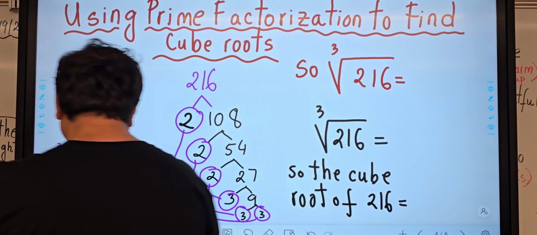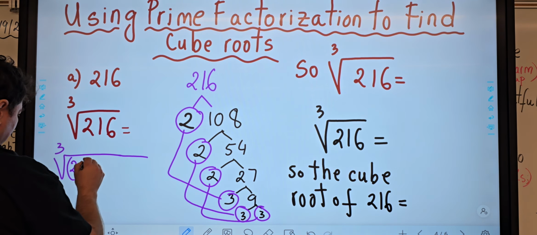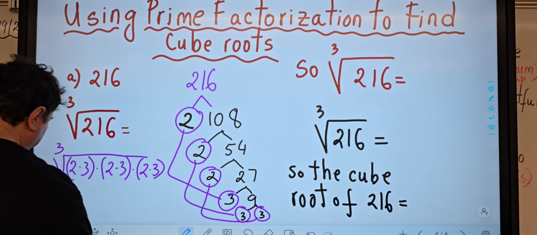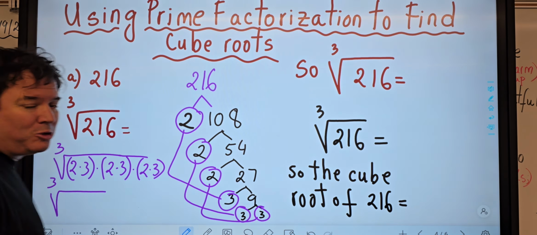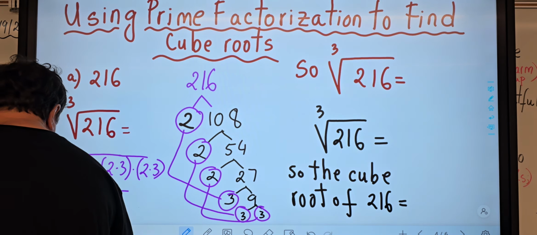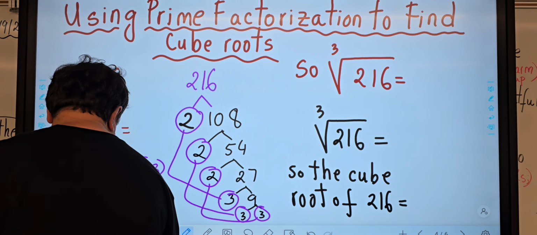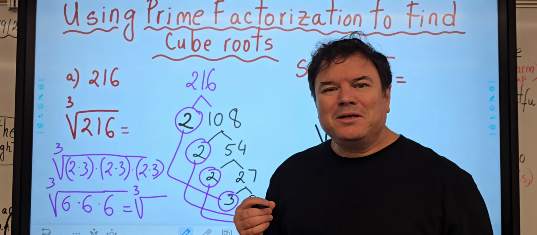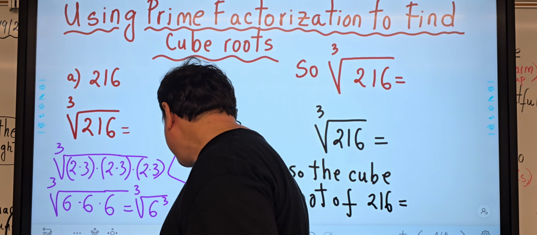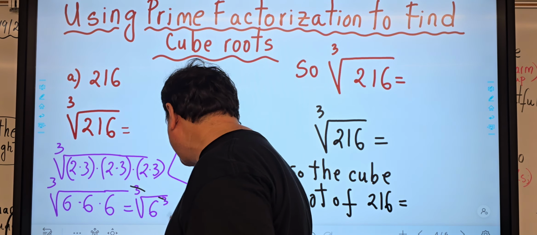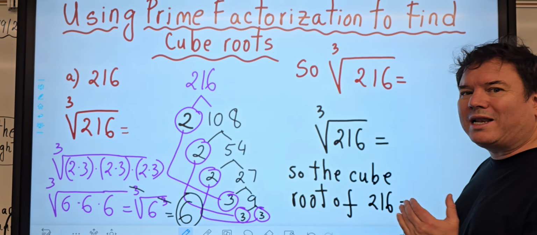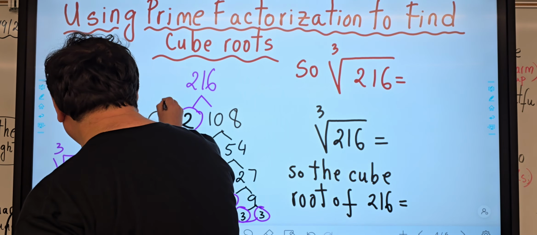So we have 2 times 3 in a group, times 2 times 3 in a group, times 2 times 3 in a group. 2 times 3 becomes 6, so this can be written as the cube root of 6 times 6 times 6, which is the cube root of 6 to the third power. Now we can cancel the exponents and the final answer is just 6. So the cube root of 216 is 6.